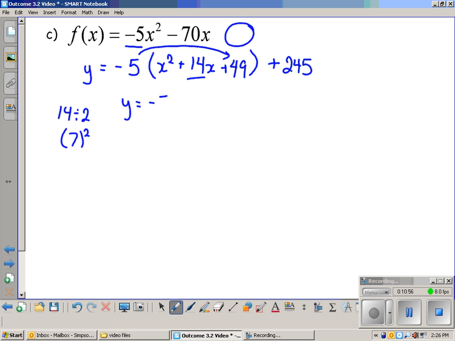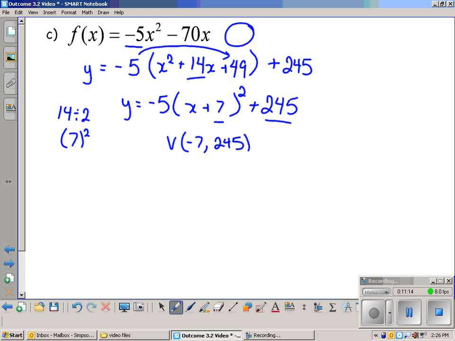Y equals negative 5. Our factors of our trinomial are x plus 7, and we have plus 245 as our q value. So our vertex is negative 7 and 245 from the line above. Our y-intercept is our c value, but remember that we didn't have one this time, so our c value is 0.